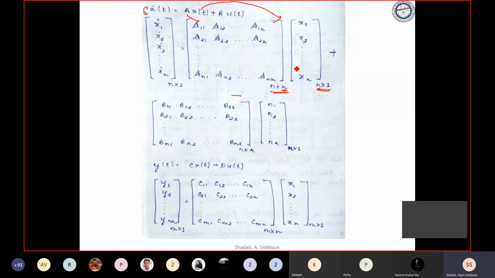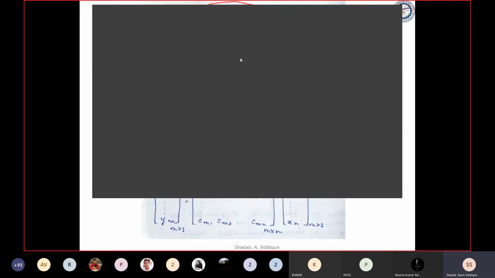You can see here that R and R match, so that's why we also get an n cross 1 matrix. The second term multiplication should again be n cross 1.